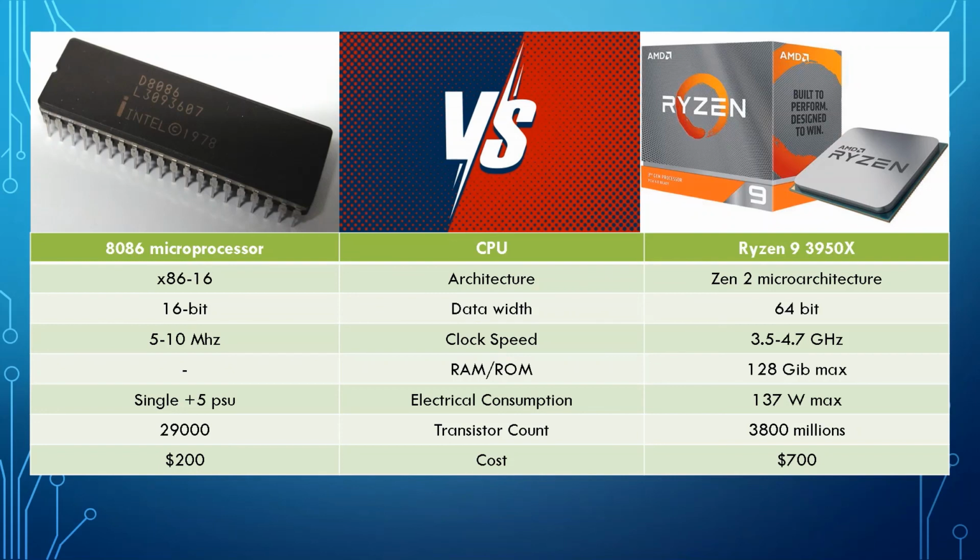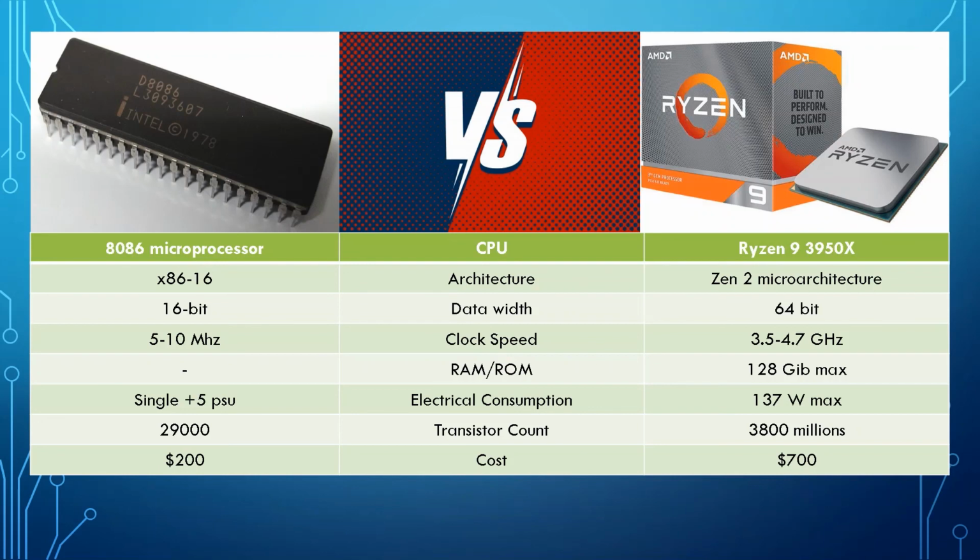Meanwhile, the Ryzen 9 3950X, manufactured by AMD, uses the Zen 2 microarchitecture as its instruction sets. The data width for the 8086 is 16-bit with a clock speed from 5 to 10 MHz, while the Ryzen 9 is 64-bit with a clock speed of 3.5 to 4.7 GHz.